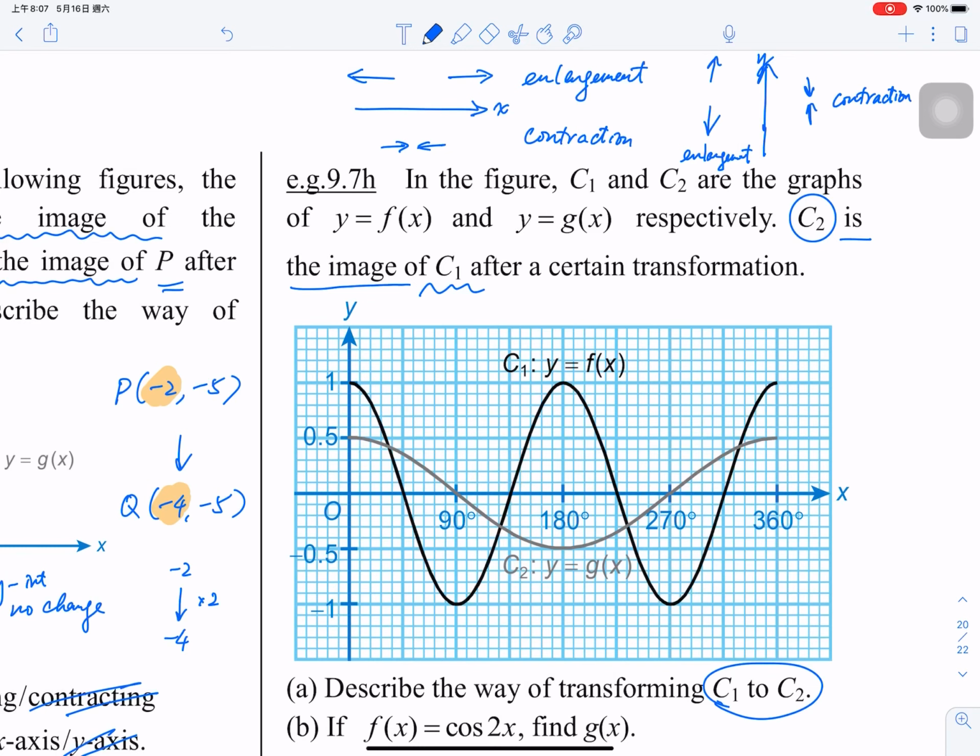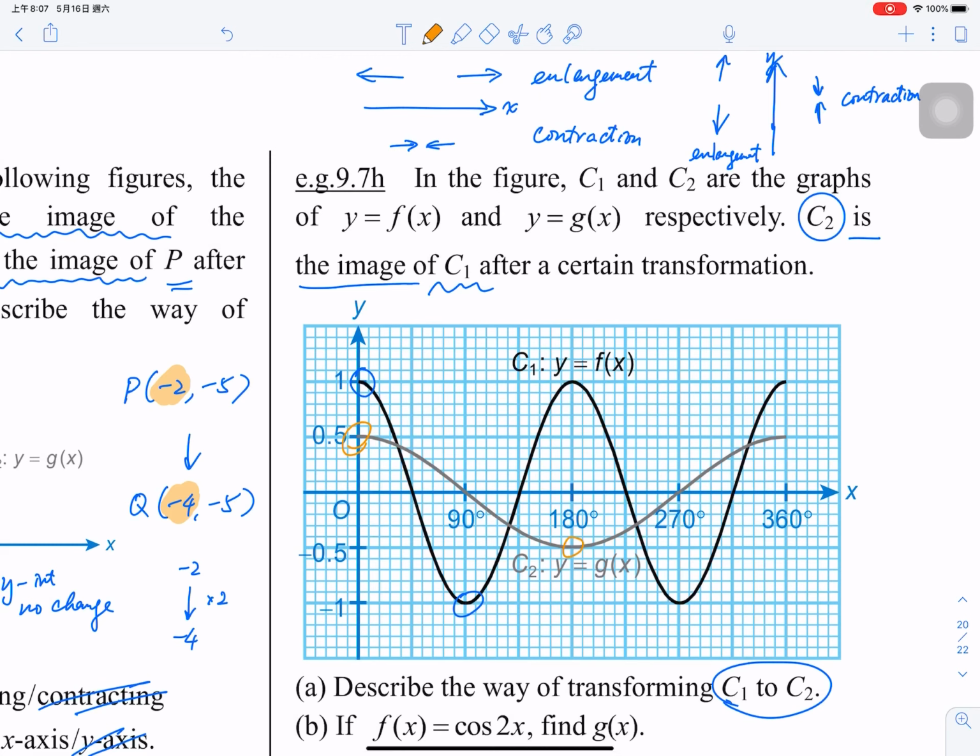About the graph C1 to C2, you can see that for C1, the maximum and the minimum value is 1 and -1, right? Now how about the image graph? It goes from 0.5 to -0.5.